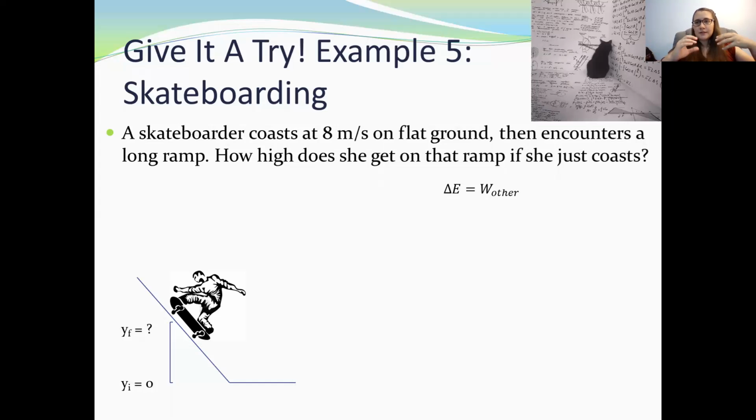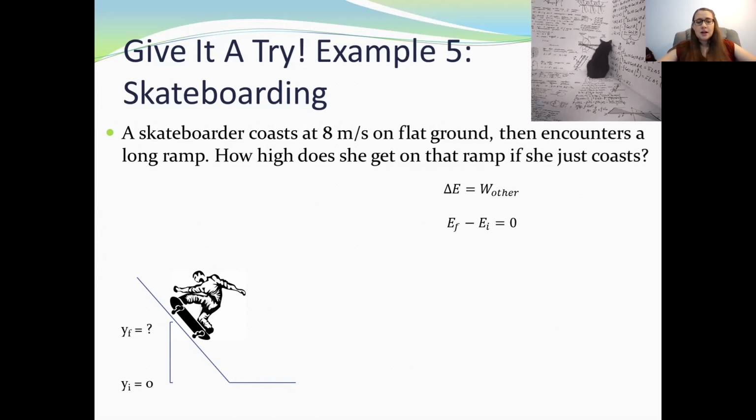And now we've gone beyond just kinetic energy into also gravitational potential energy. So now we're dealing with the total change in energy being equal to the amount of work done by other things. So that's where we're going to start off in all of these examples today. The change in energy equals the work due to other sources.